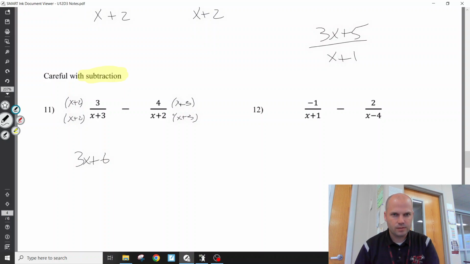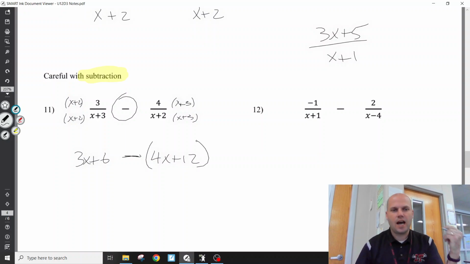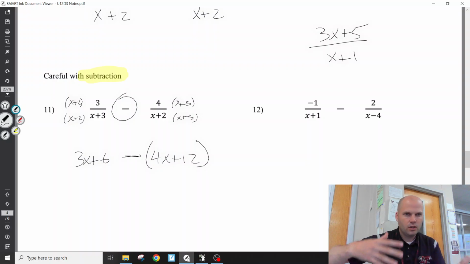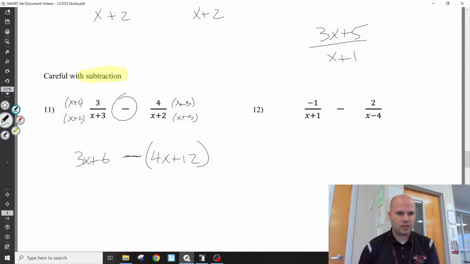3x plus 6, 4x plus 12. But careful, I'm subtracting this entire amount from the 3x plus 6. Maybe this is why we write it as two things. Maybe you can jump straight to the end if you want to.